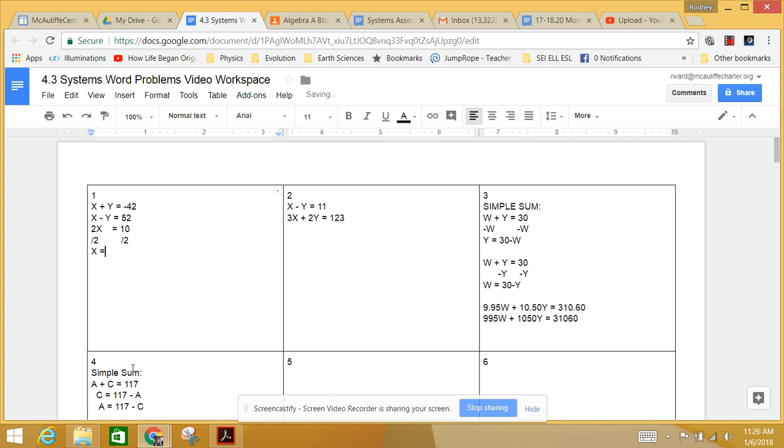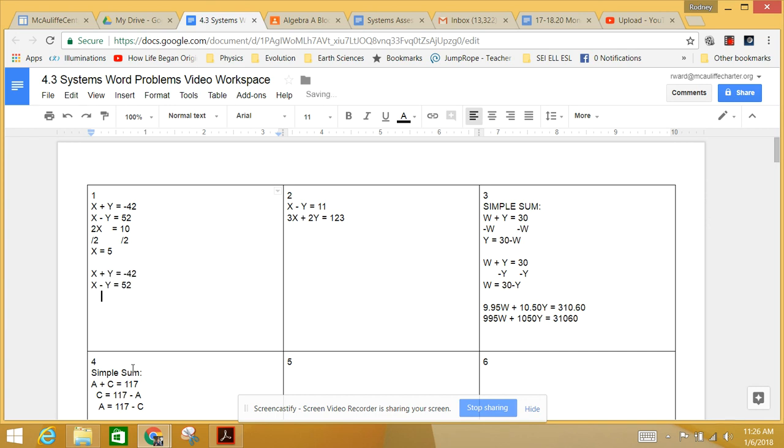and x equals 5. And then I can go back and plug 5 in and figure out what y is, or I can use elimination and subtract the two equations.